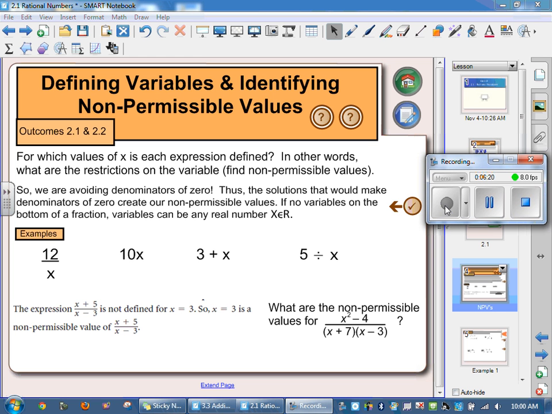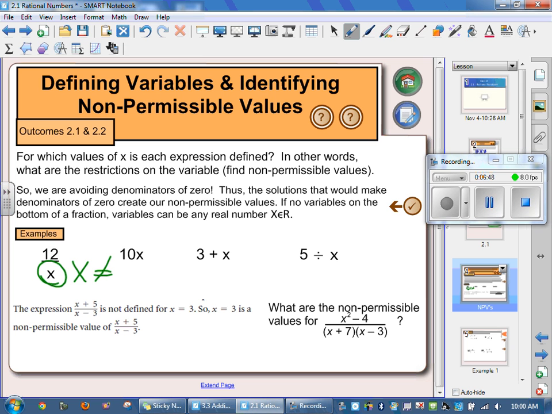So when we define it, that means we need a non-permissible value. What can't the bottom be? If there's only one variable on the bottom, well, that x just can't be what number? 0. Because if the x is 0, it makes it undefined. Okay, it makes it error, can't do it. That's what it tells you. So that means for the x on the bottom of the fraction here, we would say x cannot equal 0.